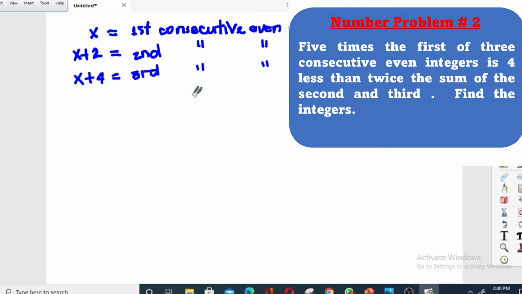But since in this problem only 3 consecutive even integers are being asked, we just need to solve only these 3.